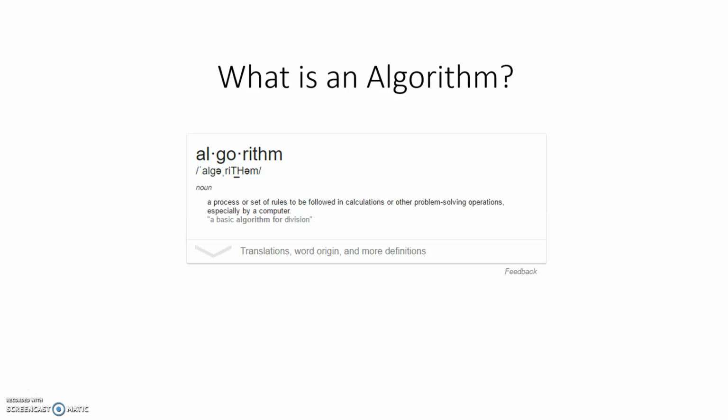The algorithms these days are almost always executed by computers. We're talking about huge algorithms that calculate massive probabilities and whatnot, or tiny little algorithms like your morning routine. There's an algorithm everywhere, but for this we're going to be talking about computer algorithms.